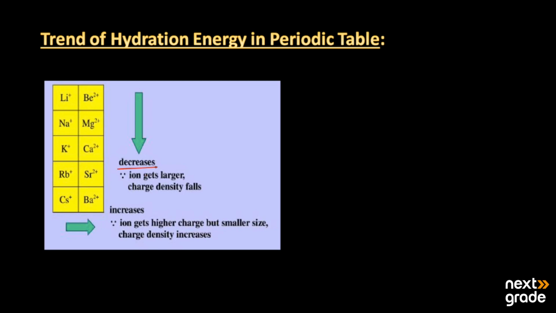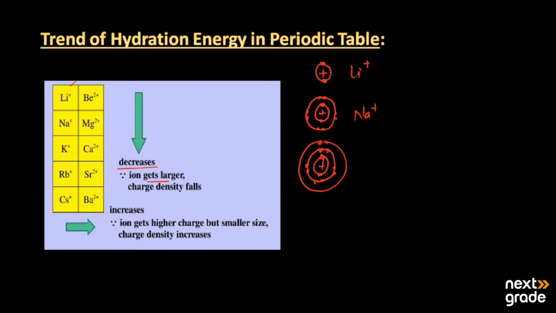What is the reason? The ions get larger. For example, we have a lithium ion, which by losing one electron from the valence shell becomes Li plus. Then we have sodium, with 2 electrons in the first shell and 8 electrons in the second shell. Then we have potassium, with 2 electrons in the first shell, 8 electrons in the second shell, and again 8 electrons in the third shell.